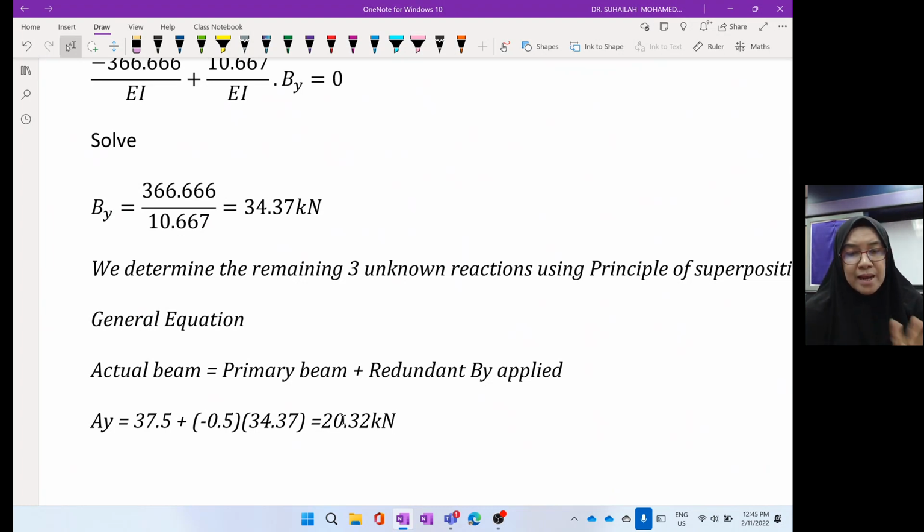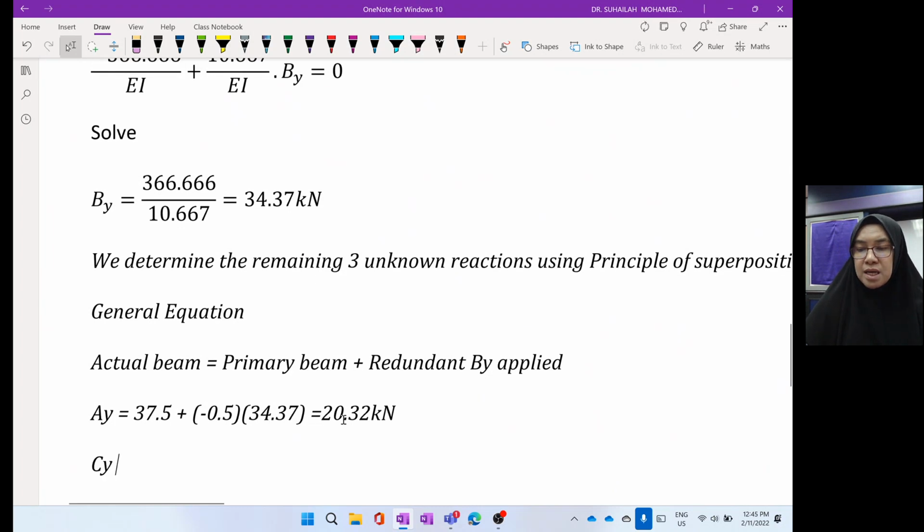AX 0 tak apalah kan? CY. Okay, we have CY which is equal to, what is CY in primary system? Okay, 12.5 plus negatif juga 0.5. Negatif positif?